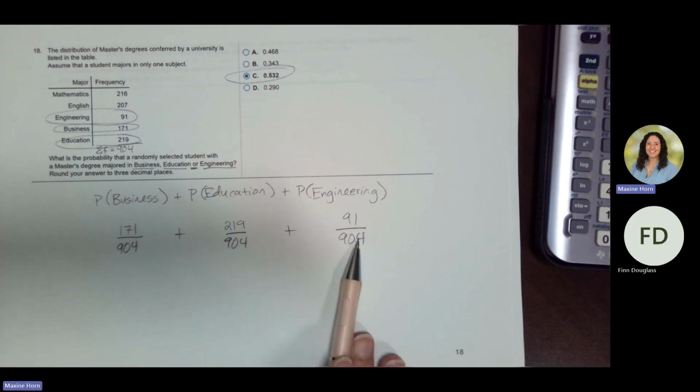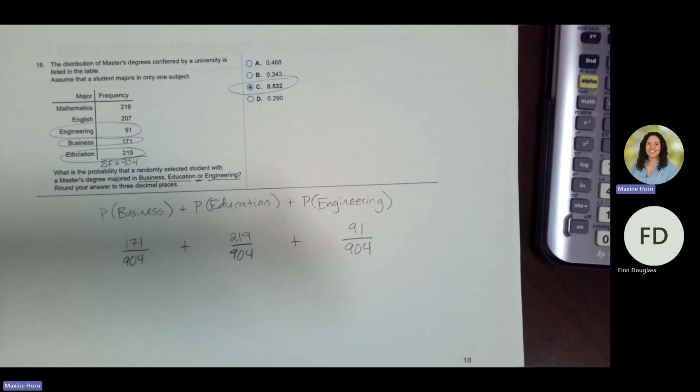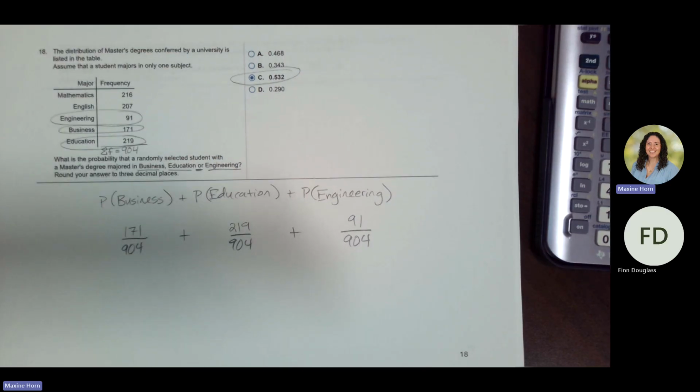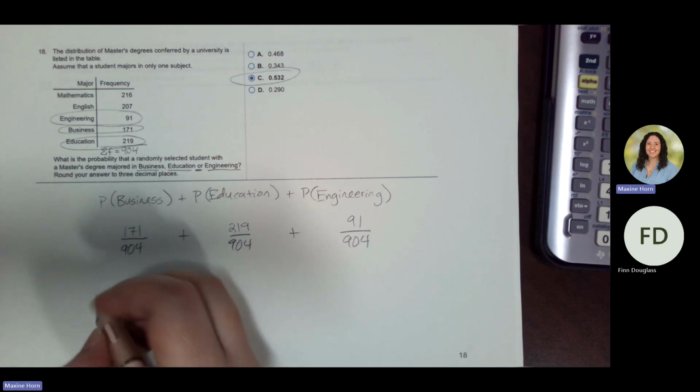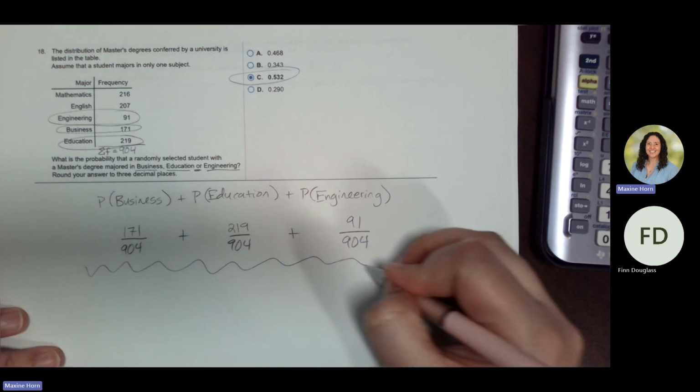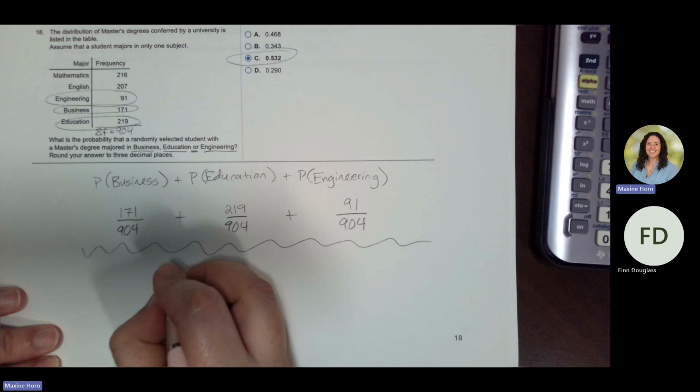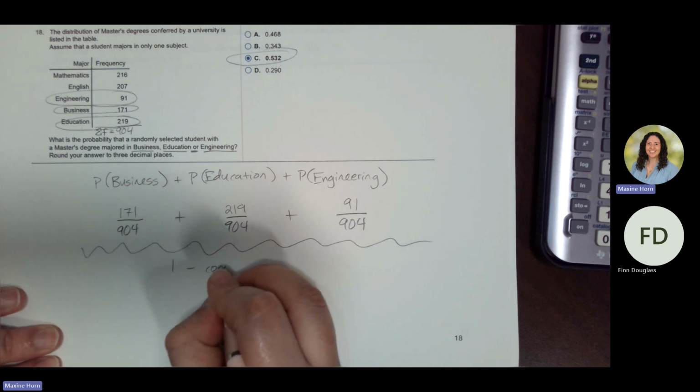So we had to find the probability of all 3 of them. But what we could also have done is 1 minus the complement of what they asked us for, and then we would have gotten the same answer, right?